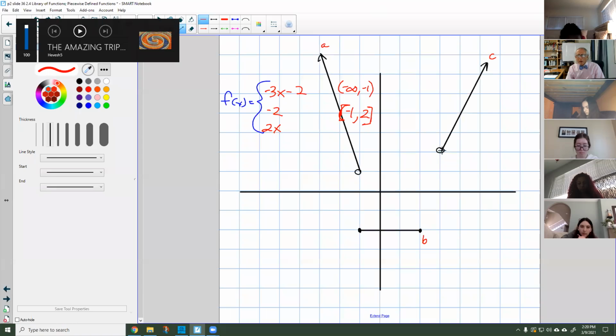Okay, so if I extend this with my slope of 2, where does it intercept the y-axis? -4. That's right. So I got 2x minus 4.